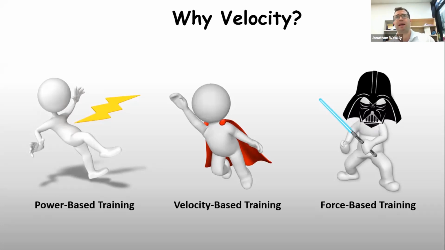Probably the three basic tenets that underpin velocity-based training are, first, that as the bar gets heavier, the bar goes slower, and there's a nearly perfect inverse relationship. So as you put more weight on and get closer to your 1RM, the bar's going to go slower and slower and slower.